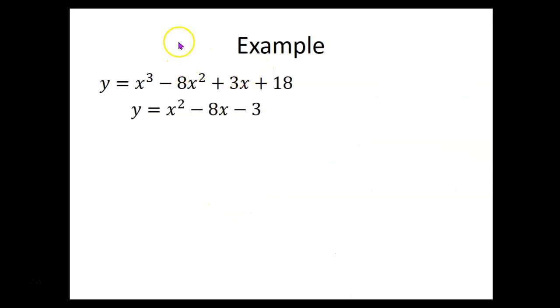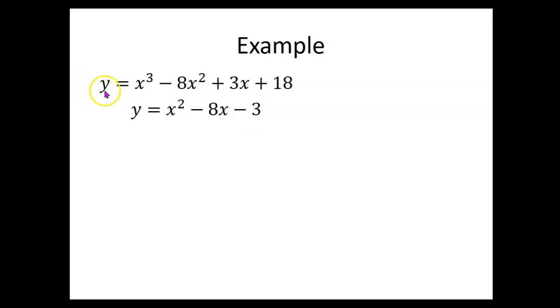Next example, the system here has two equations. One of them is y equals x cubed minus 8x squared plus 3x plus 18. And the other one is y equals x squared minus 8x minus 3. Neither one of these is a linear equation, so we've got a nonlinear system, but we can still solve it.